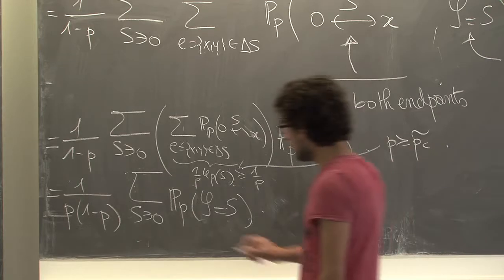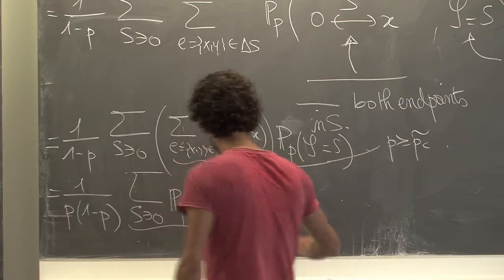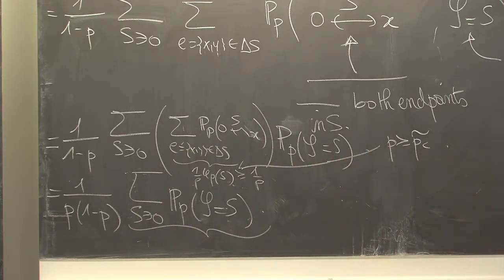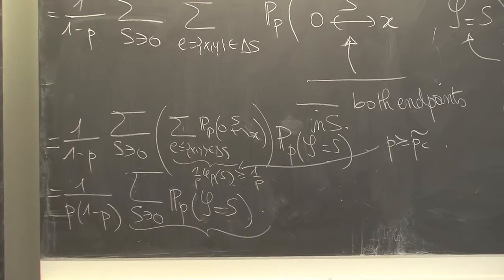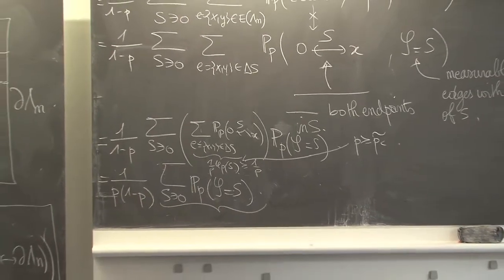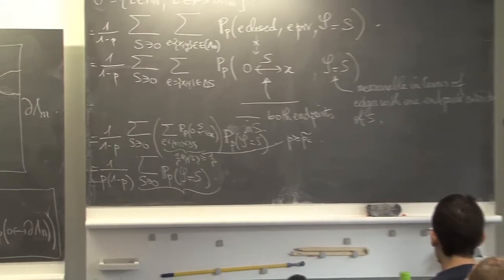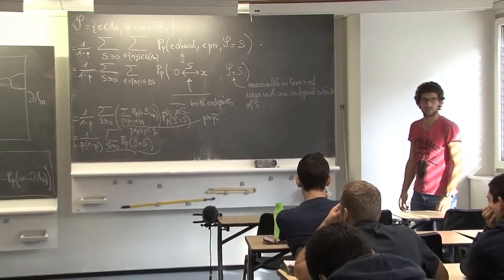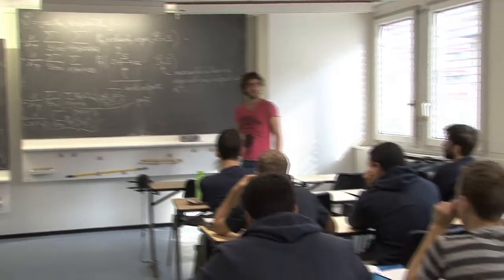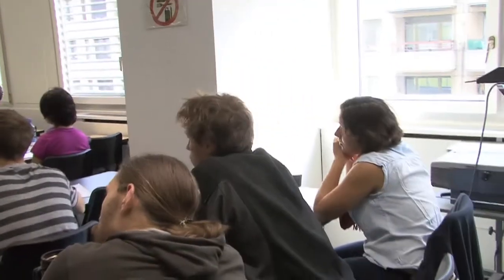Can somebody tell me what is this quantity? I'm summing over every set which does not contain 0 the probability that the set of points not connected to the boundary is S. So what is it? The probability of being connected. It's exactly this.